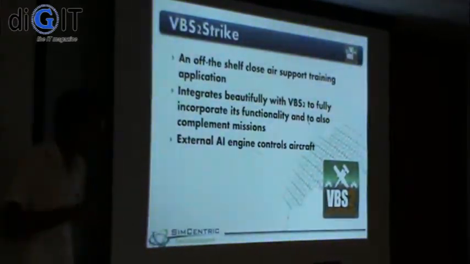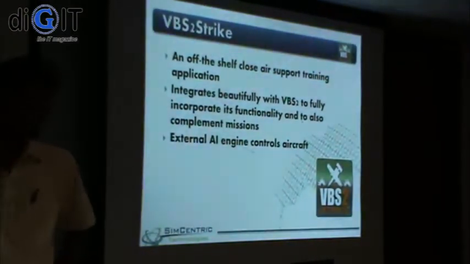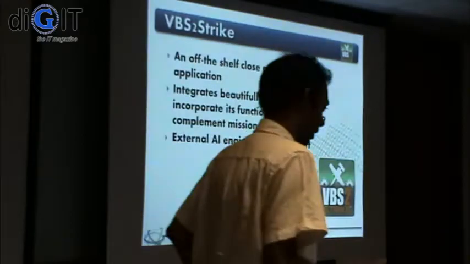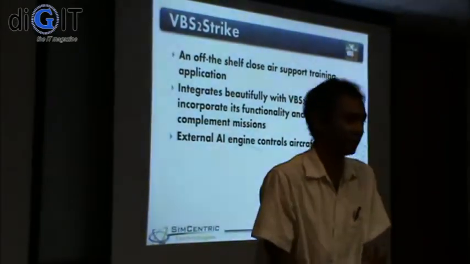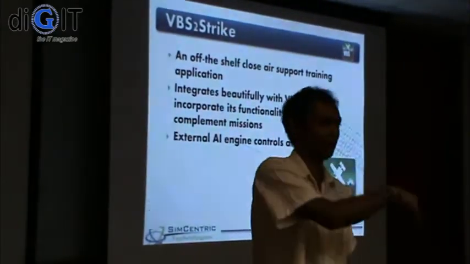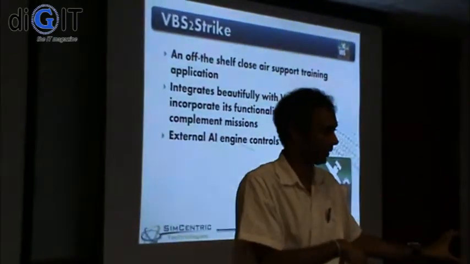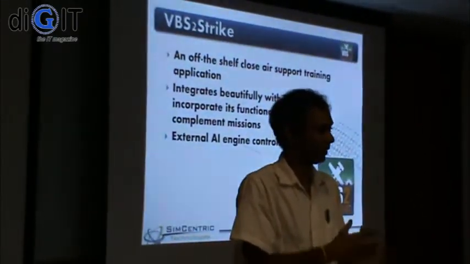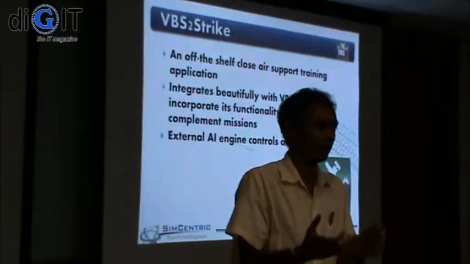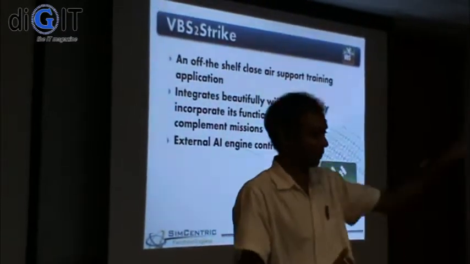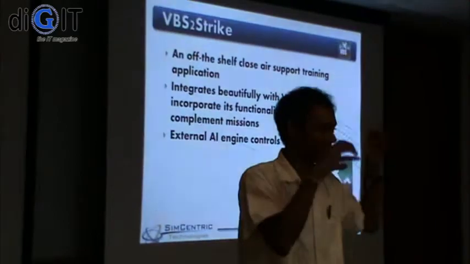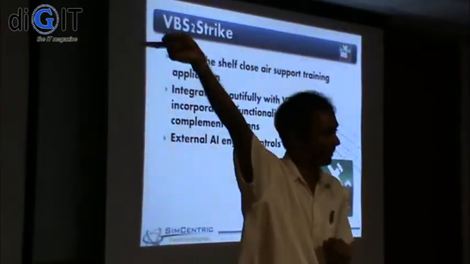And then another one of our newer products, which is an extension of VBS2 Fires. The alternative to the big guns is airplanes coming and bombing. If you want an airplane to come and bomb something, more often than not, instead of a forward observer, there's somebody called a forward air controller. The guy's got to go and hide somewhere in camouflage and then relay instructions back to the plane.